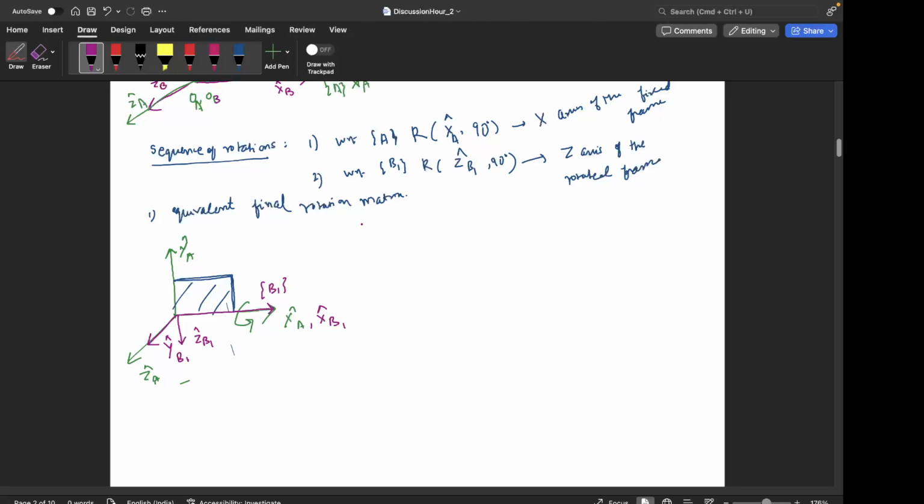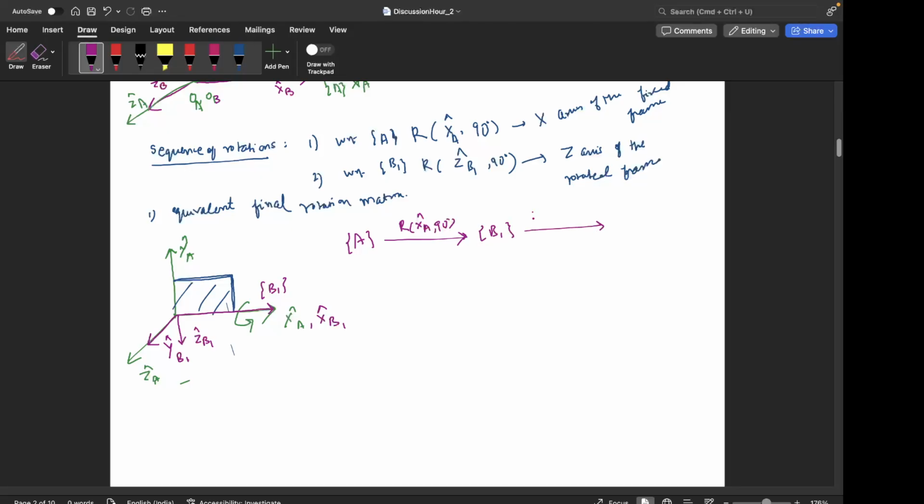Okay, so we have frame A, then we have a rotation R X A 90 degrees, right? And we get frame B1.